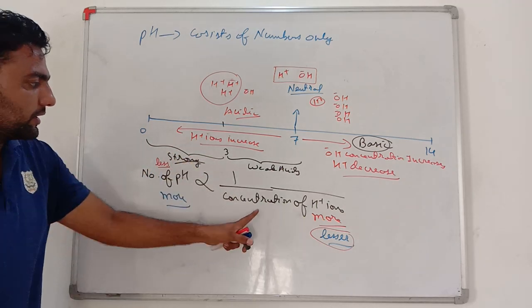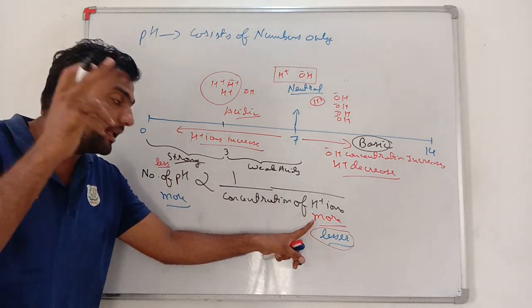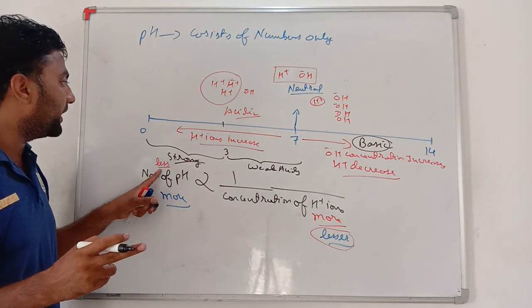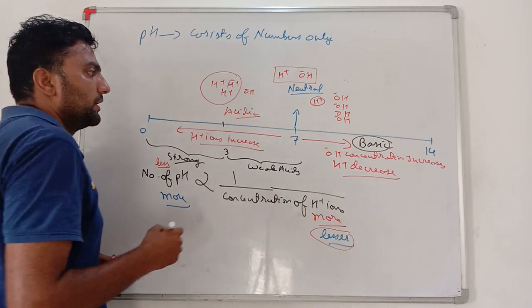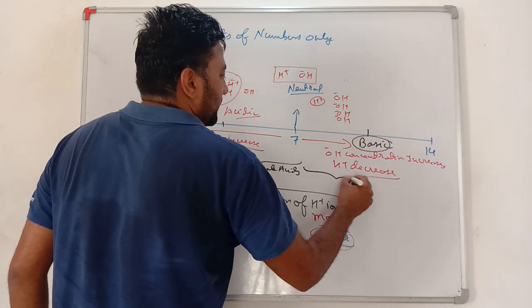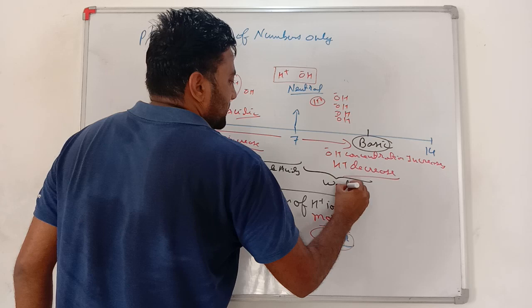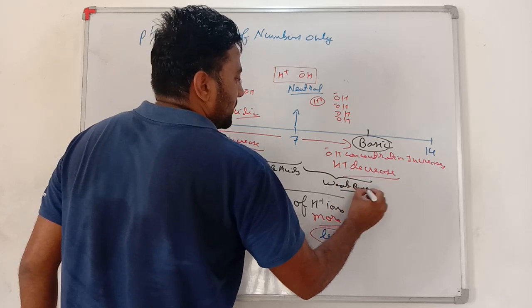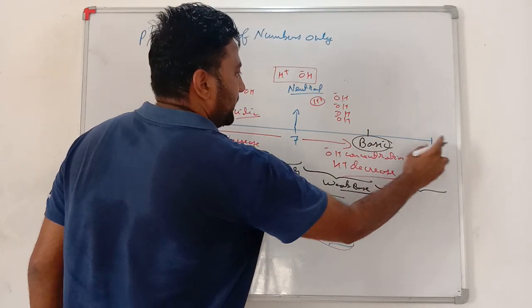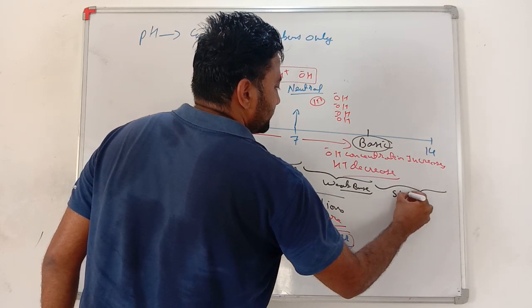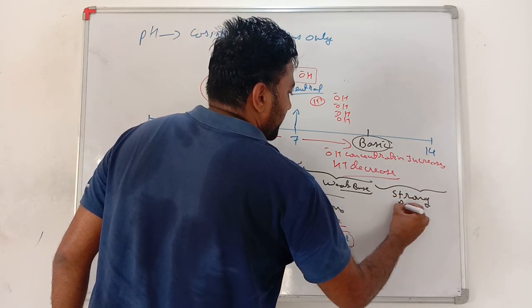Why? The concentration of ions is very large, because the pH is very low. 7 to 10 are considered weak bases, and 10 to 14 are considered strong bases.